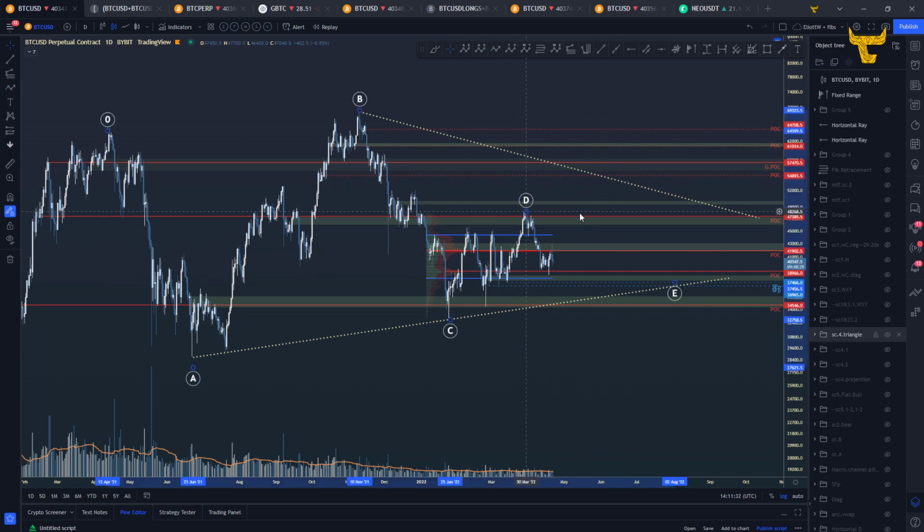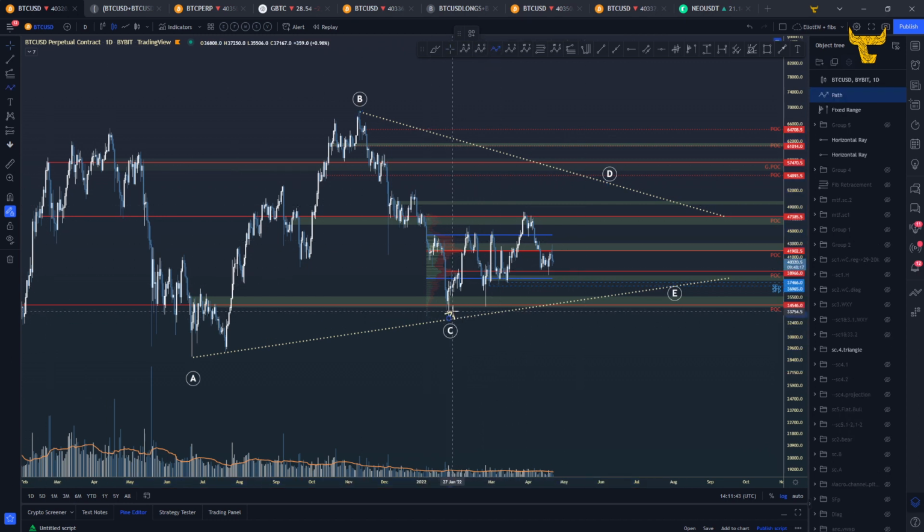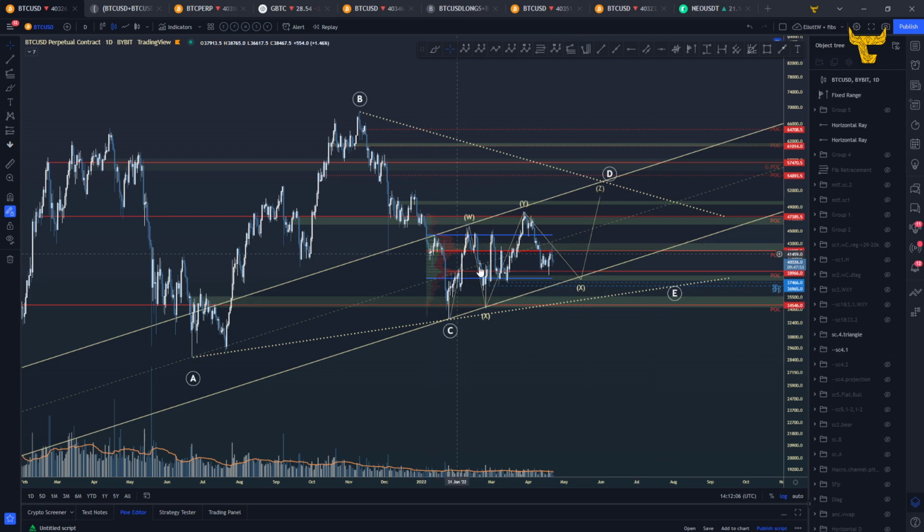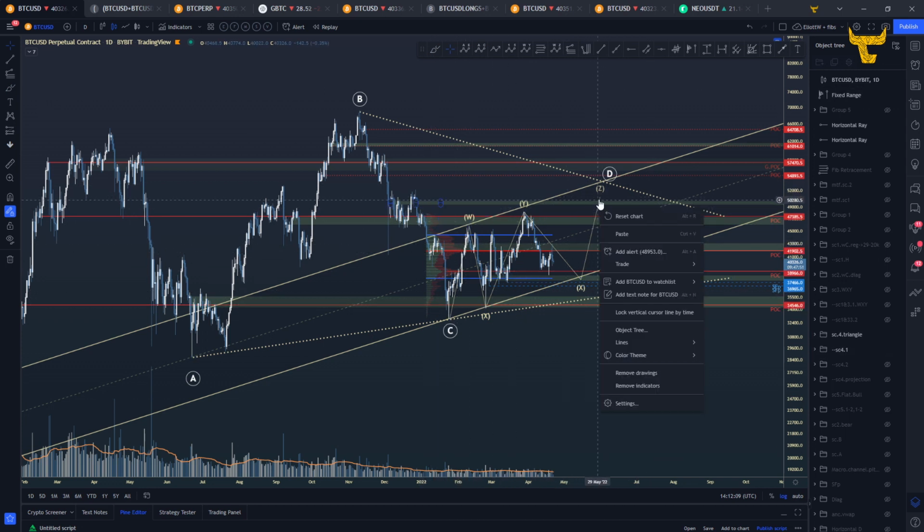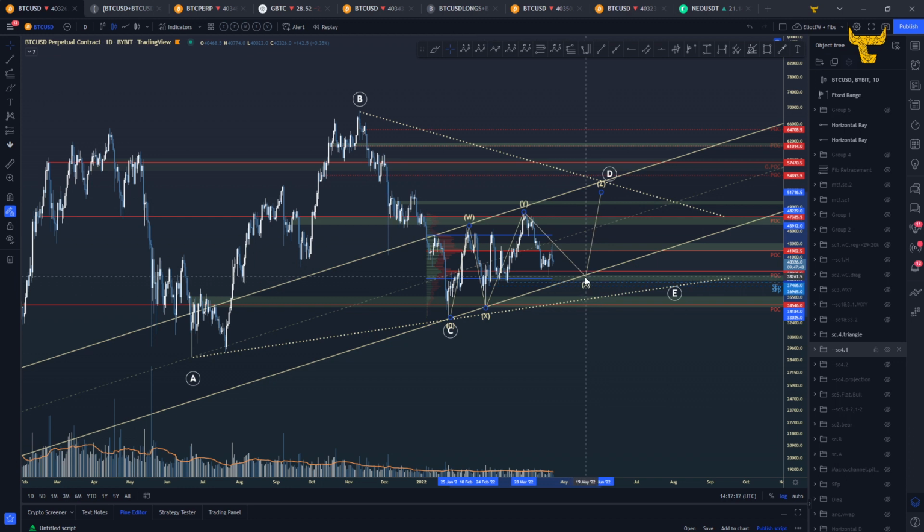We could say wave D is finished here already and we're doing a smaller triangle like this, but for the sake of symmetry and harmony, I will favor another move up to finish wave D, meaning that this price action is still part of a corrective move, but an unfinished one. It could be, for example, a WXYXZ with X still to be finished and Z as well.